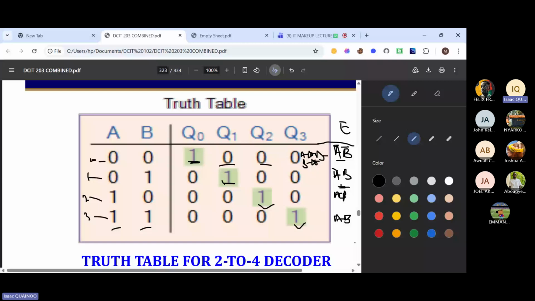So for our A prime and B, we also have an AND gate, but then the A is not, so we have a NOT gate right here, and then we have our B. So we are going to do the same for our A and then B bar, and the same for our A and then B. So in total, we have 4 AND gates being used to implement this.